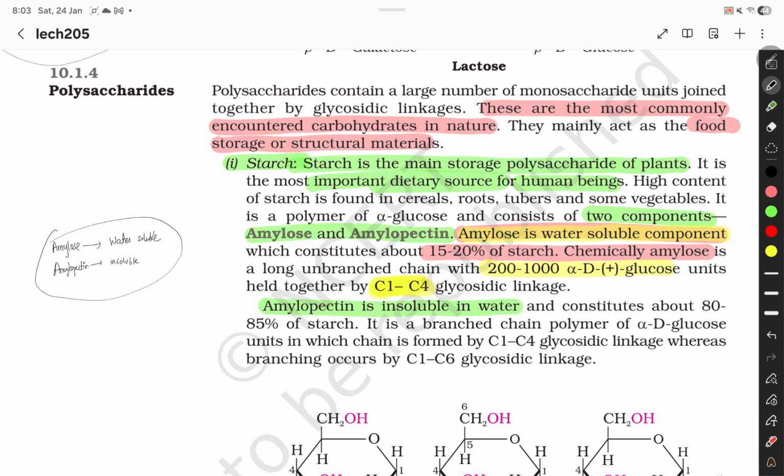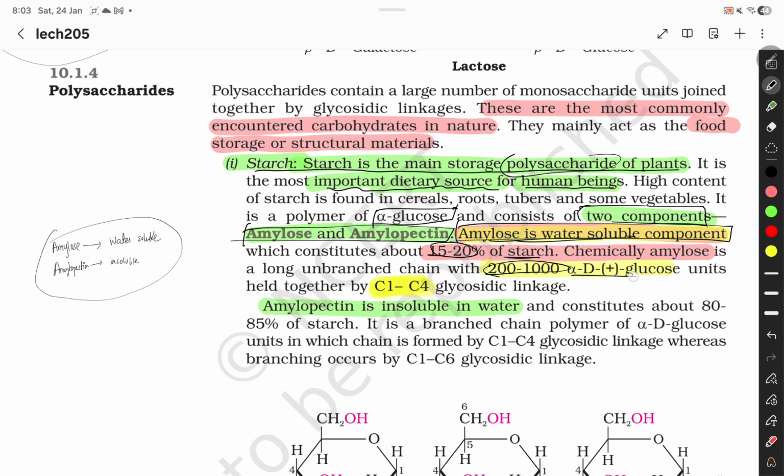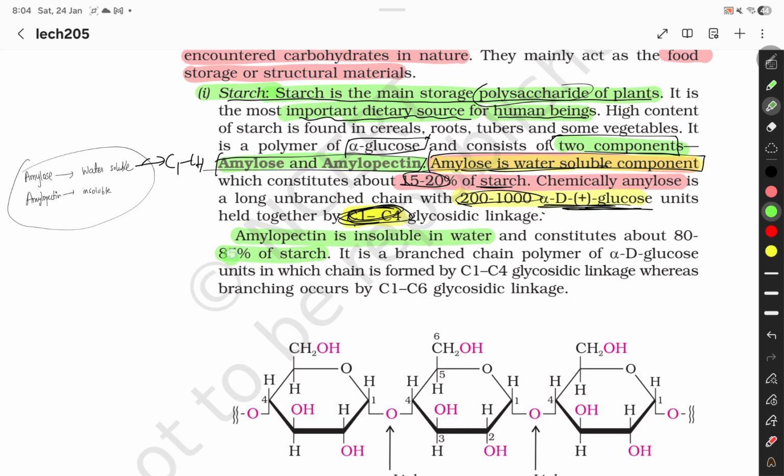So the main takeaway from here is starch, the main storage polysaccharide of plants. It's a polymer of alpha glucose and consists of two components, amylose and amylopectin. Amylose is the water soluble component which makes up about 15 to 20% of starch, and it consists of 200 to 1000 alpha D plus glucose units held together by C1 C4 linkage.